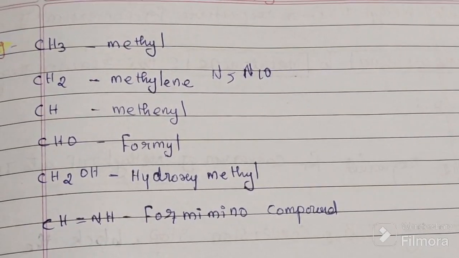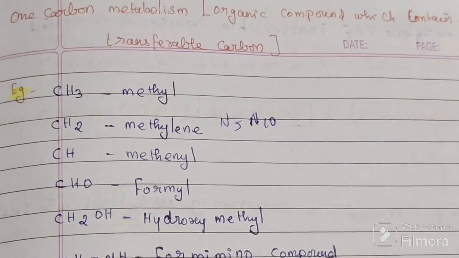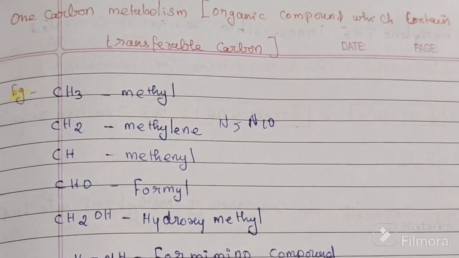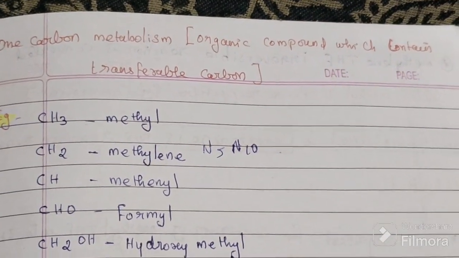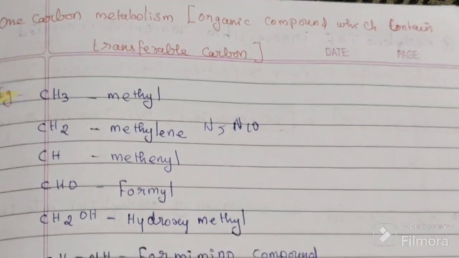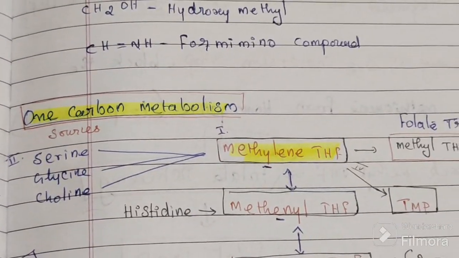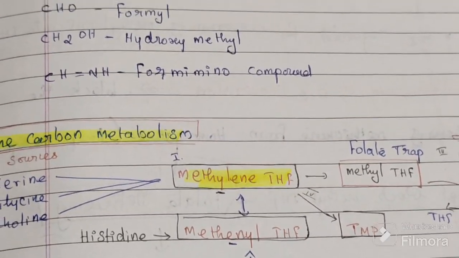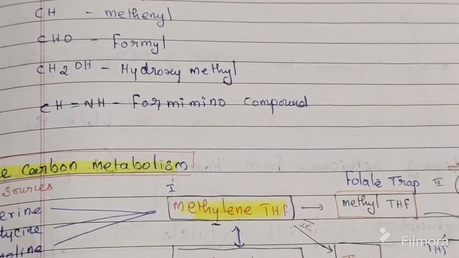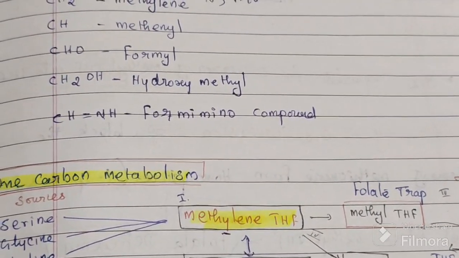These are one carbon compounds, examples of one carbon components, that means organic components containing transferable carbon. In the form of tetrahydrofolate, folic acid is responsible for transfer of one carbon components.